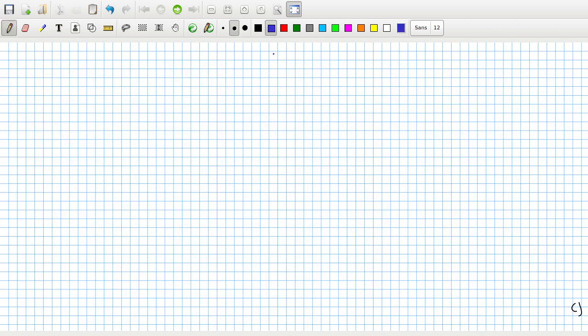So let's start. I'll just go up 1, 2, 3, 4, 5 and minus 1, minus 2, minus 3, minus 4, minus 5 along the axes. So f(x) equals x squared.